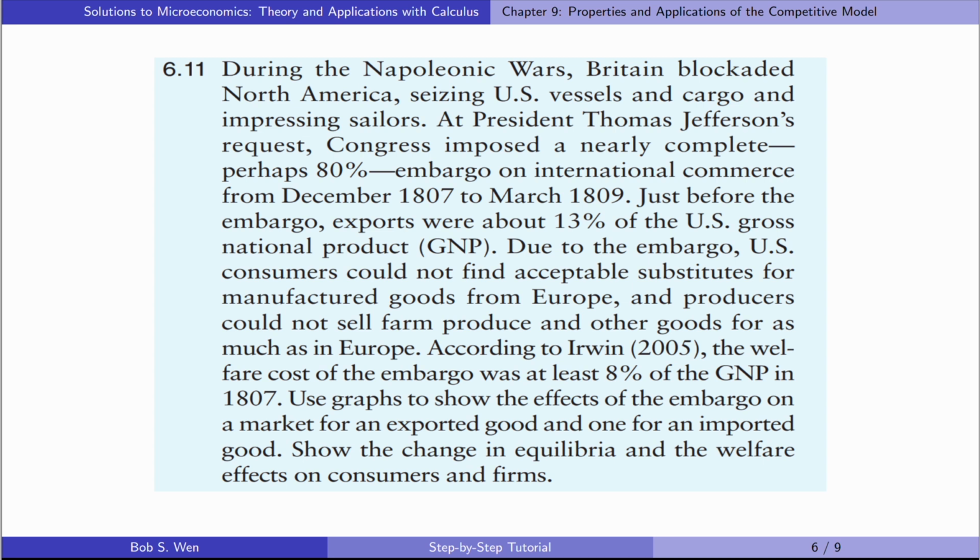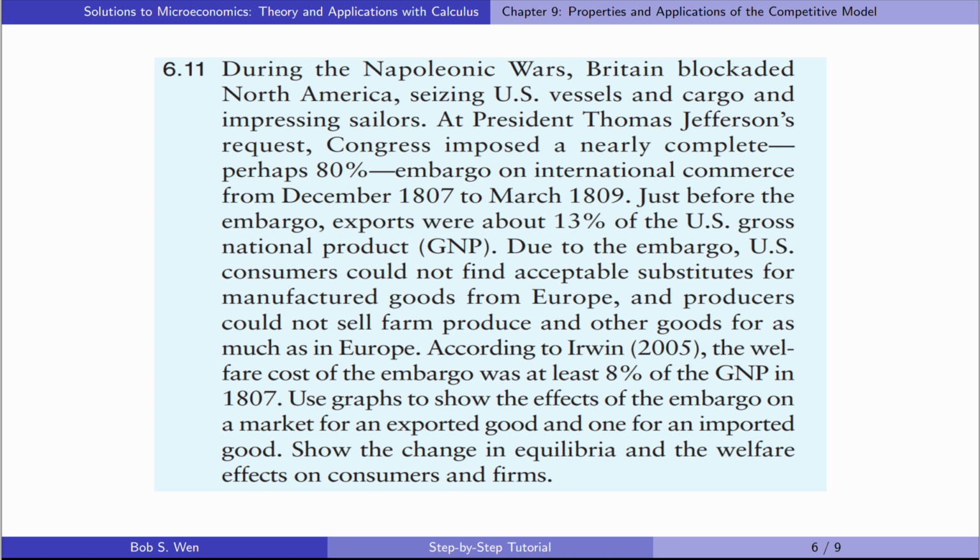Due to the embargo, U.S. consumers could not find acceptable substitutes for manufactured goods from Europe, and producers could not sell farm produce and other goods for as much as in Europe.